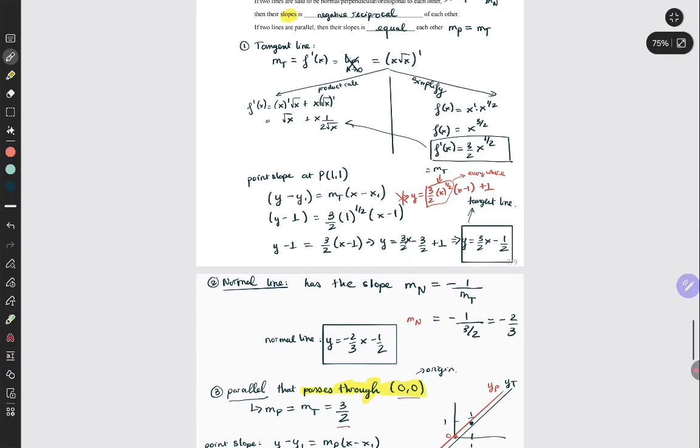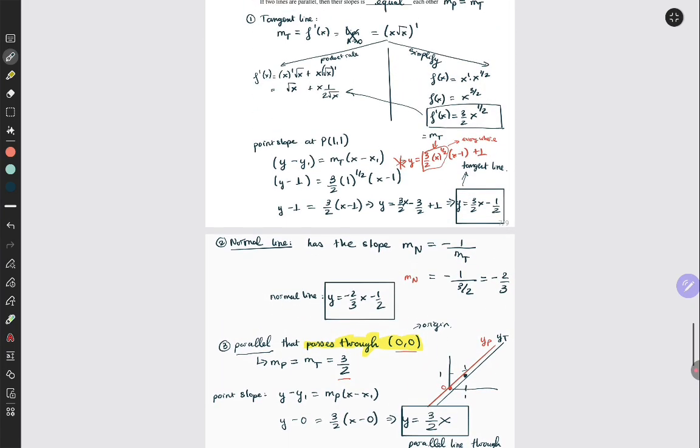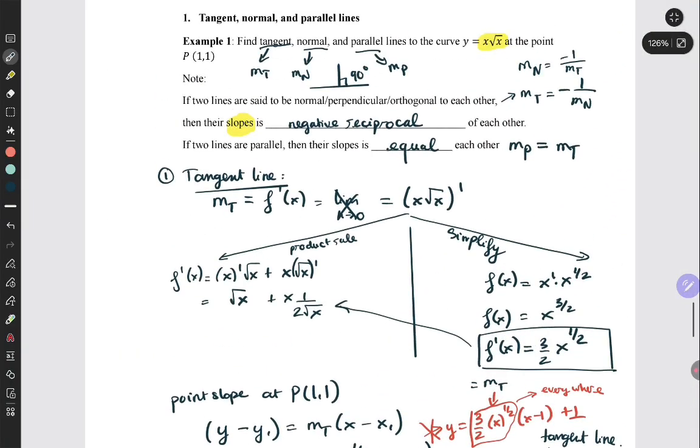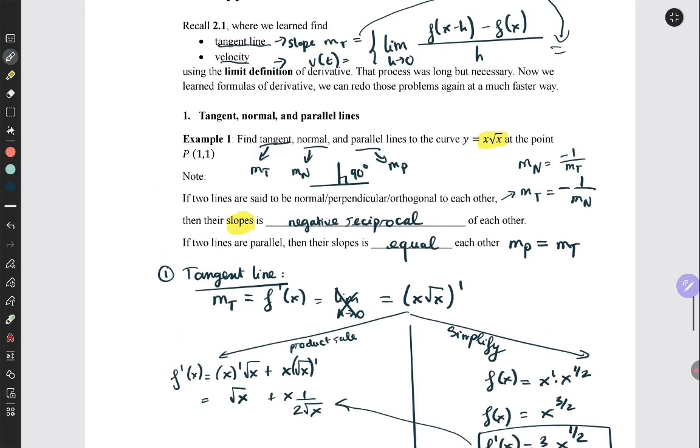I'm talking about this whole example, starting from where I find the tangent line, to normal line, to parallel line, in terms of tangent line problems. What is the key takeaway? First thing you can notice, what's the difference between this one and the version that you did earlier in 2.1?